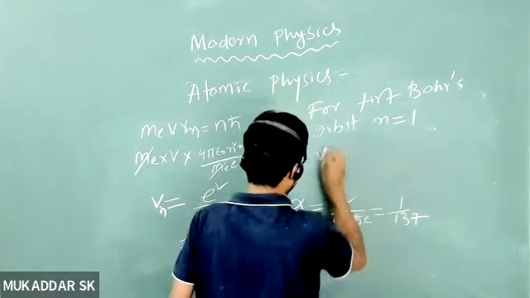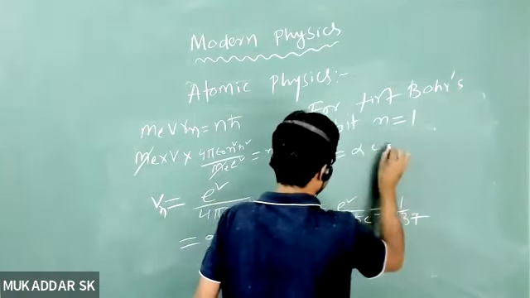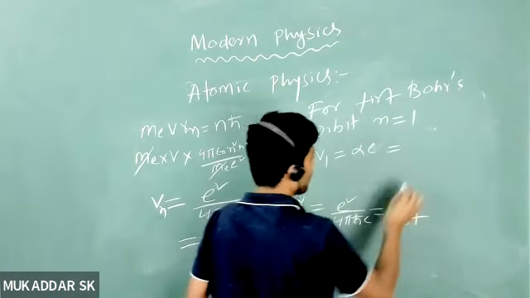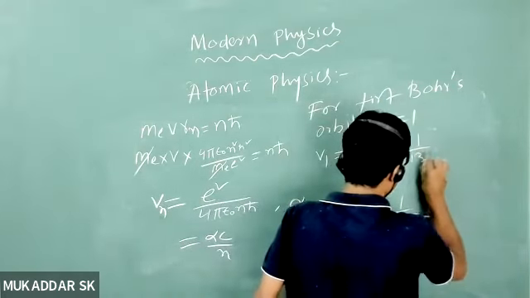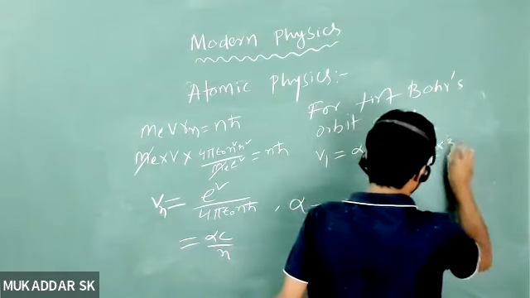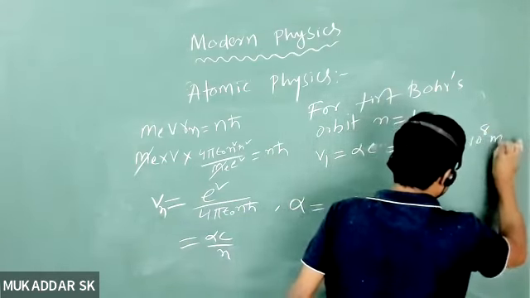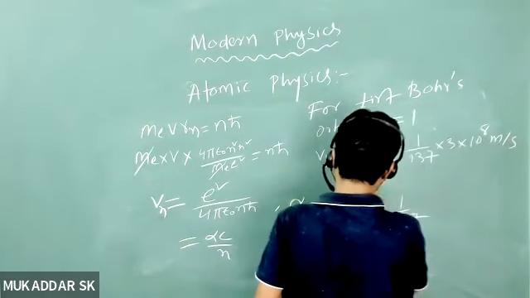So we'll get v1 equals alpha c. You know that alpha is 1 by 137, so 1 by 137 into c. c is 3 into 10 to the power 8 meter per second.